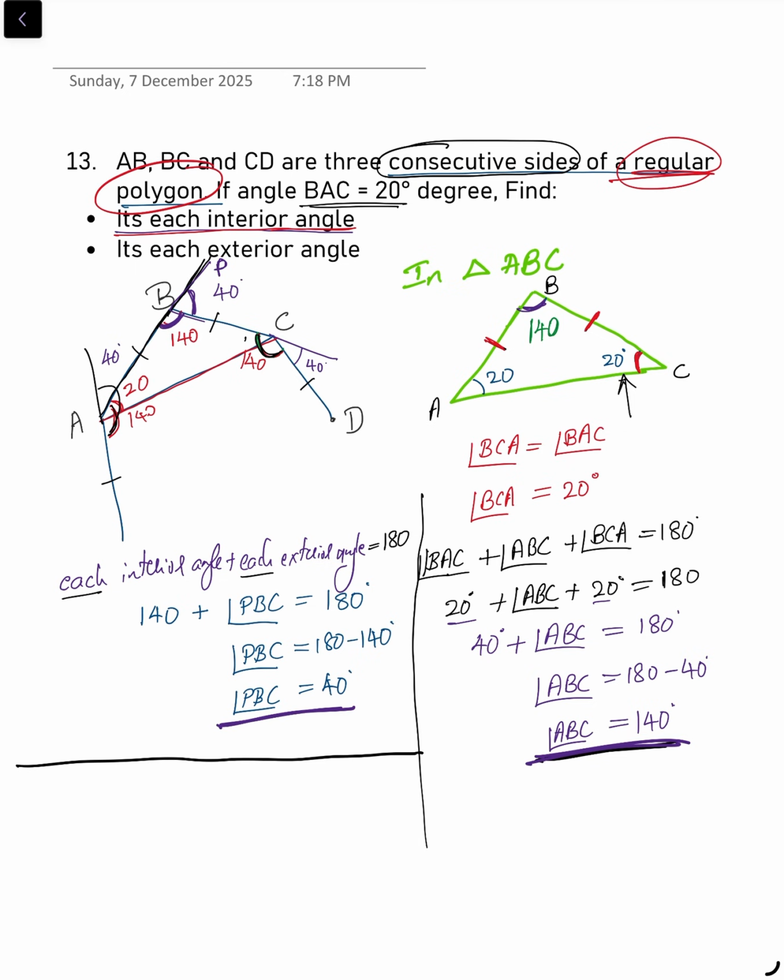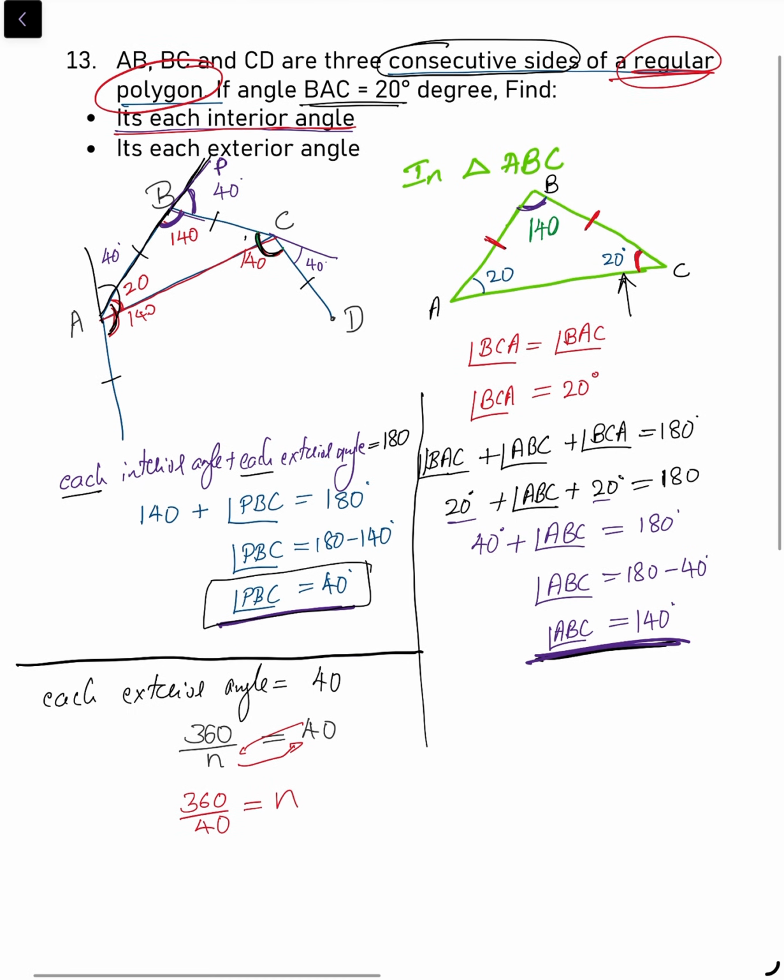To find the number of sides of the polygon, you can use the exterior angle rule, because we know that each exterior angle equals 40 degrees. The formula to find each exterior angle is 360 degrees divided by n. So just shuffle this n here and 40 here. So it is going to be 360 divided by 40, that equals the number of sides.